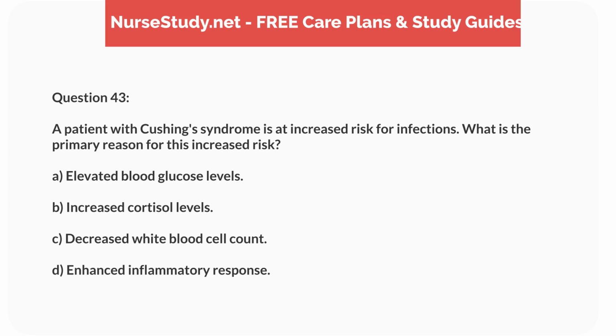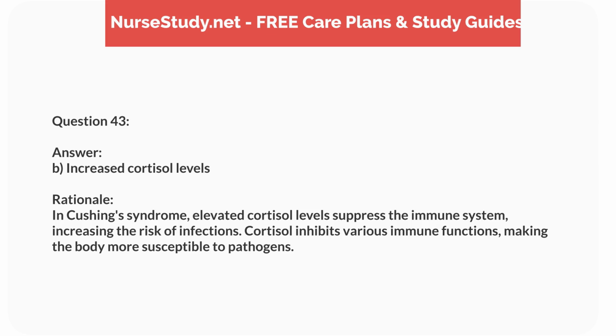D. Enhanced inflammatory response. Answer: B. Increased cortisol levels. Rationale: in Cushing syndrome, elevated cortisol levels suppress the immune system, increasing the risk of infections. Cortisol inhibits various immune functions, making the body more susceptible to pathogens.